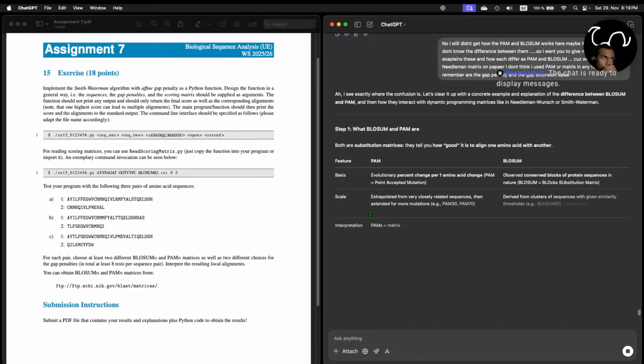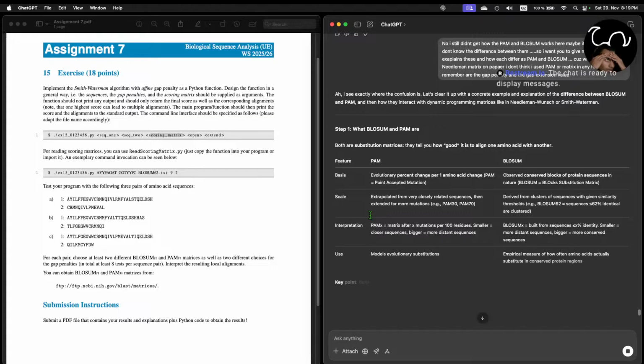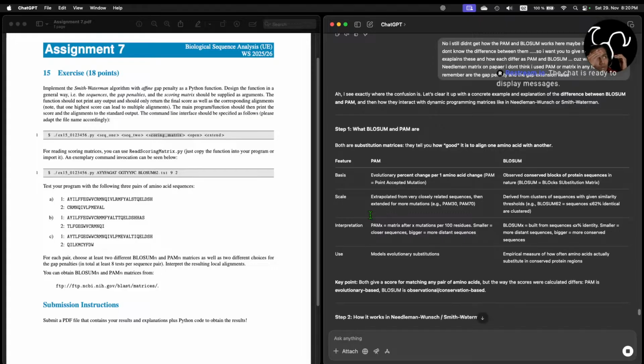I see exactly where the confusion is. BLOSUM is based on empirical measures of how often amino acids actually substitute in conserved protein regions.